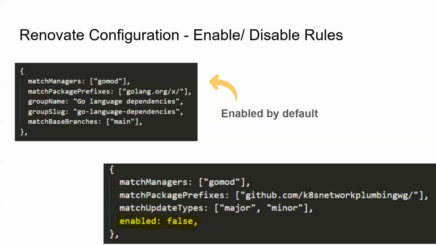However, you need to explicitly disable rules. So for the upper rule, this rule is enabled by default. However, because we specified enabled false, it will disable any major and minor updates for this package rule.